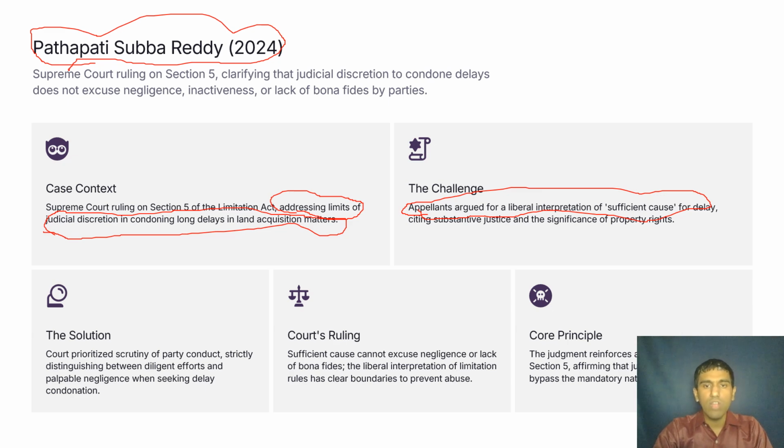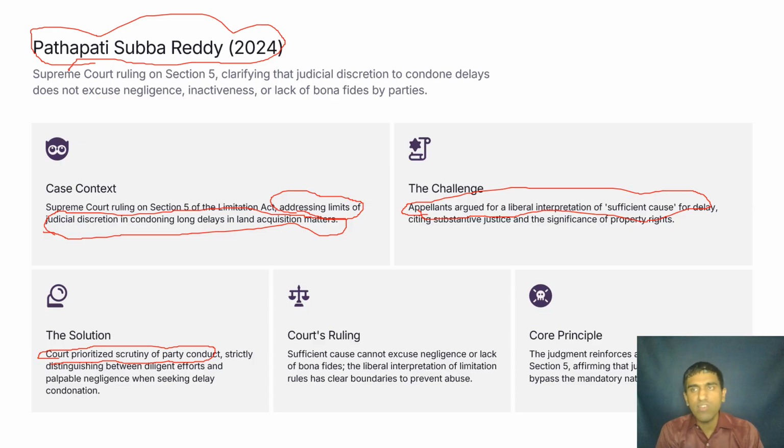So what had been the solution here? While examining the case, the court had prioritized scrutiny of party conduct. Essentially, the courts had strictly scrutinized how the parties had conducted themselves when the case had been ongoing in the lower courts, and the Supreme Court had distinguished between diligent efforts and negligence.